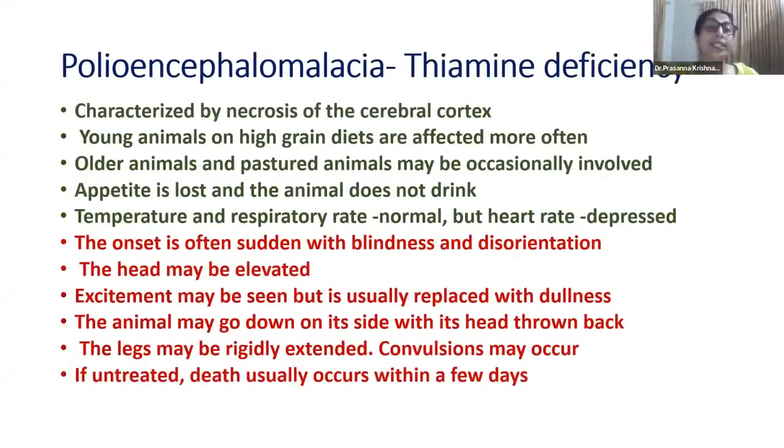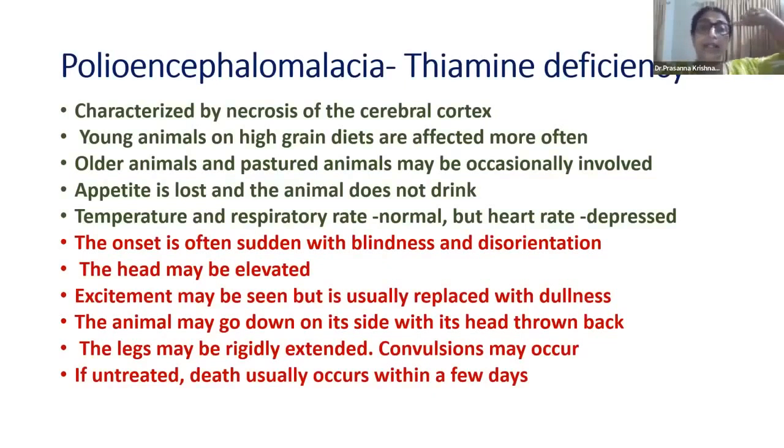Another important condition is polioencephalomalacia, thiamine deficiency. It is very common. Once the animal is affected, it is very difficult to get that animal back to normal. It is characterized by necrosis of the cerebral cortex. So it's not affecting any muscle.